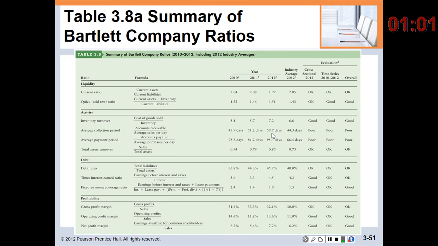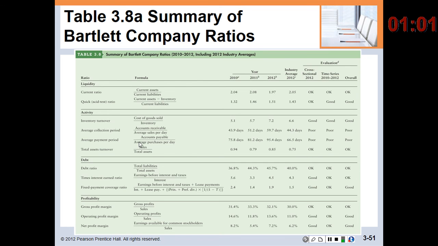Remember, that's how long it takes us to collect money that's owed to us. We've gone from 41 days to 51 days to almost 60 days. The industry average is 44. So the time series is getting worse, and we are almost 16 days over the industry average. That's not looking really good.